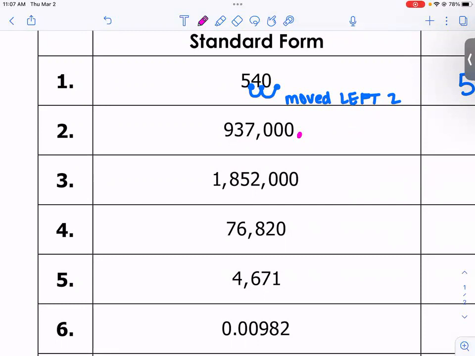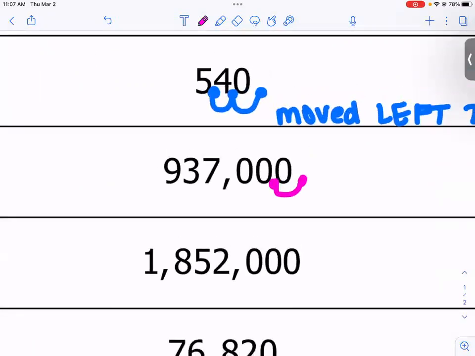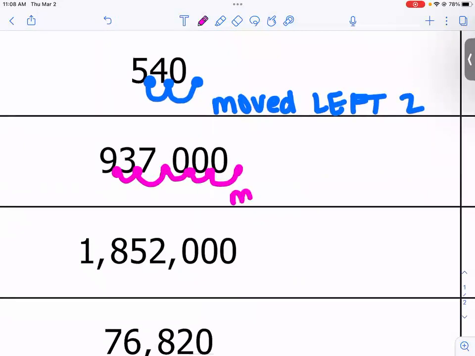So now, I moved it 1 time, is that enough? 2 times? Nope. 3 times? Okay, what about here? Is that one okay? No, because I have 93.7. Let's move it 1 more time. Now I have 9.3, okay? That digit is what I want. Now, how many times did we move it?